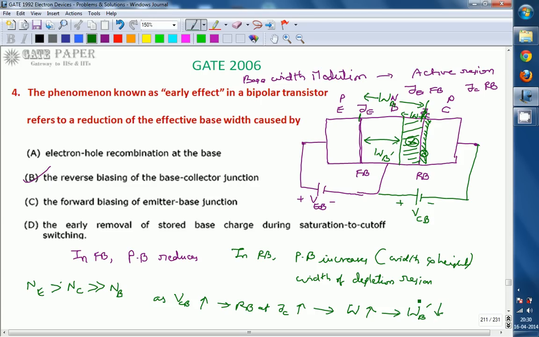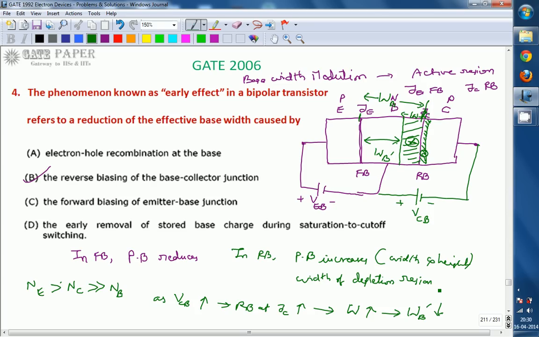That is, WB dash is reduced even though WB, the metallurgical base width, stays the same. WB dash is the effective base width where the majority carriers can contribute to transistor operation. This phenomenon was first observed by a scientist named Early, which is why it is called the early effect. As the reverse bias voltage across the collector base junction increases, the effective base width reduces. This is called base width modulation.